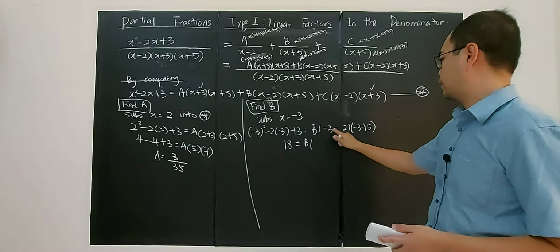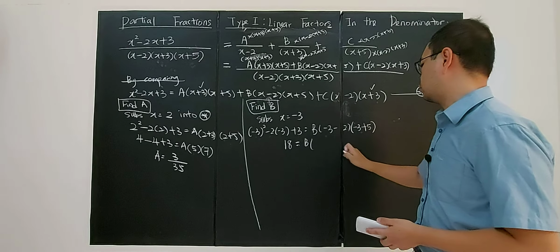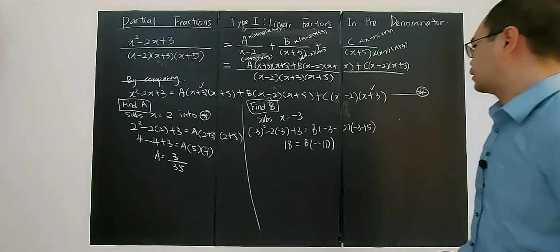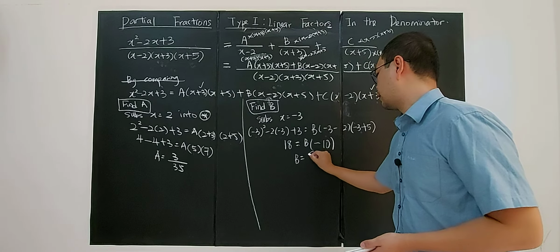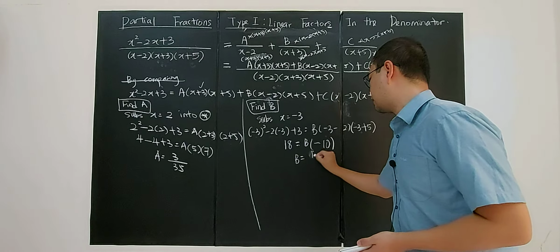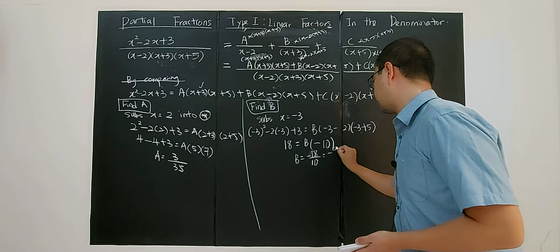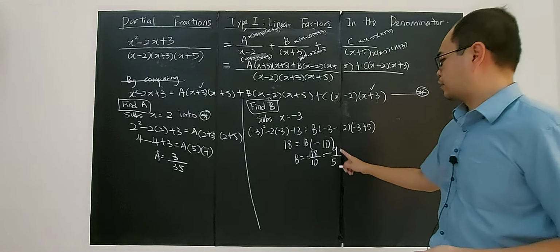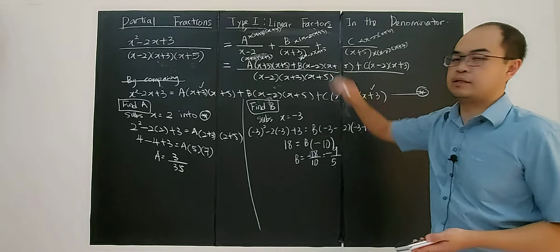Negative 5 multiplied with 2, so you have negative 10, right? So then B will be 18 over negative 10. You have negative 9 over 5, right? 18 to 9, 10 to 5. So you have found the value of B.